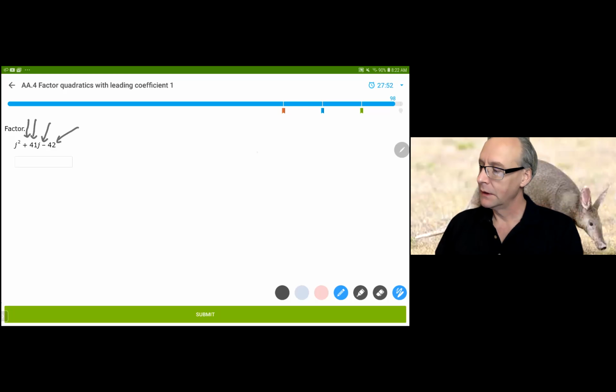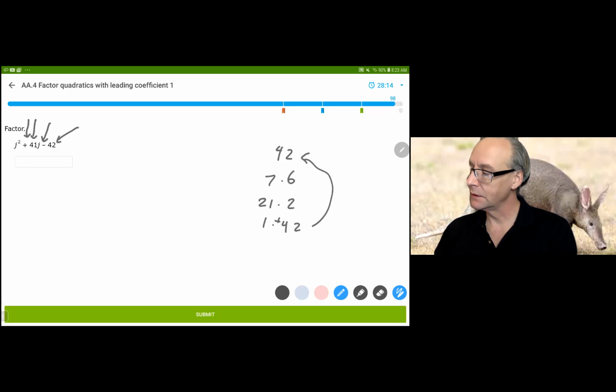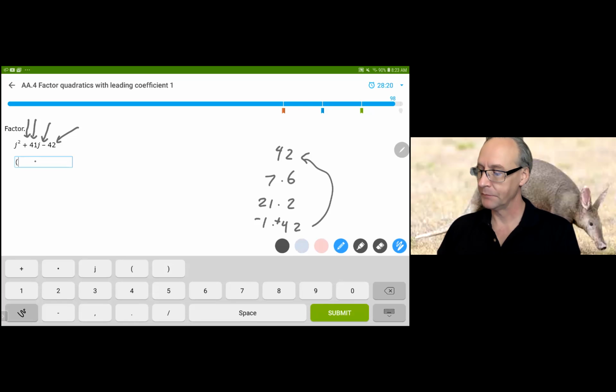So, product of 42, notice that's 7 times 6, or 21 times 2. But notice 41, well, that's really close to 42. Well, 1 times 42 gives me 42, and that does have a difference of 41. The sign of the larger has to be positive, so we're talking about a positive 42 and a negative 1, and sure enough, that's what we're looking for.